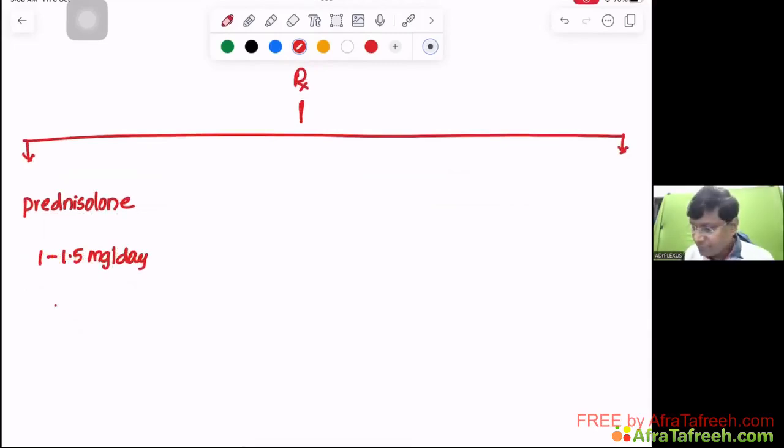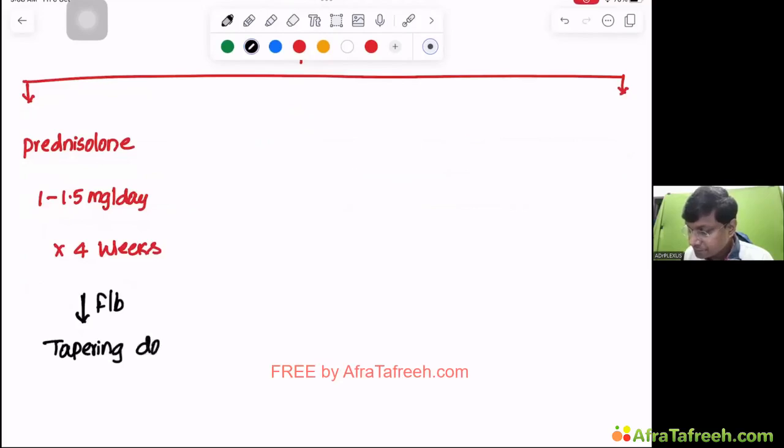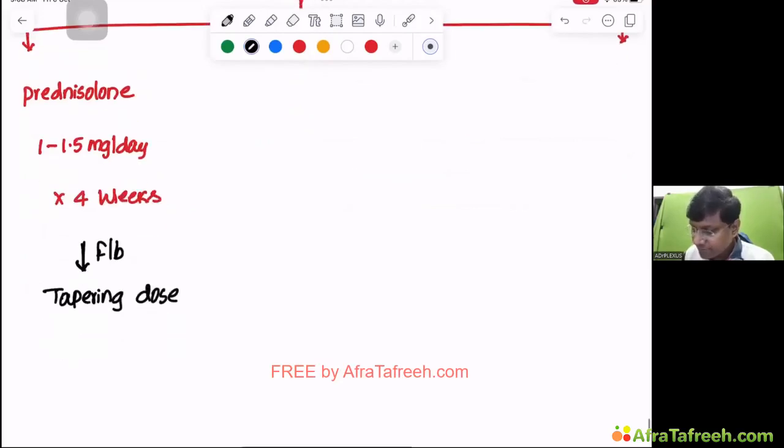This you have to give for 4 weeks, and this should be followed by a tapering dose. And how much should be the tapering dose?